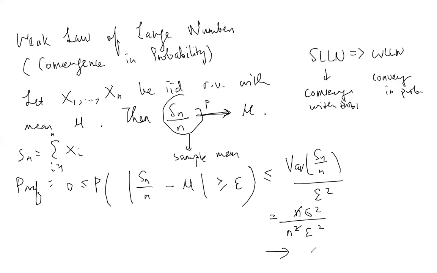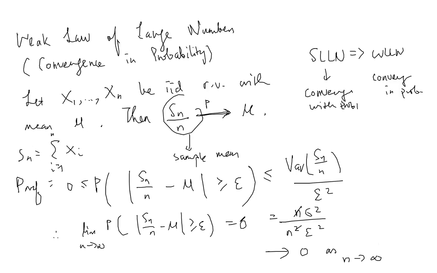So this basically tends to 0 as n tends to infinity. So therefore your limit is equal to 0. Yeah. Okay, because you are being sandwiched between a lower bound 0 and an upper bound 0. So in the limit, it is just equal to 0. Okay. This is much easier, very easy to prove. The weak law of large numbers, just using Chebyshev's inequality.